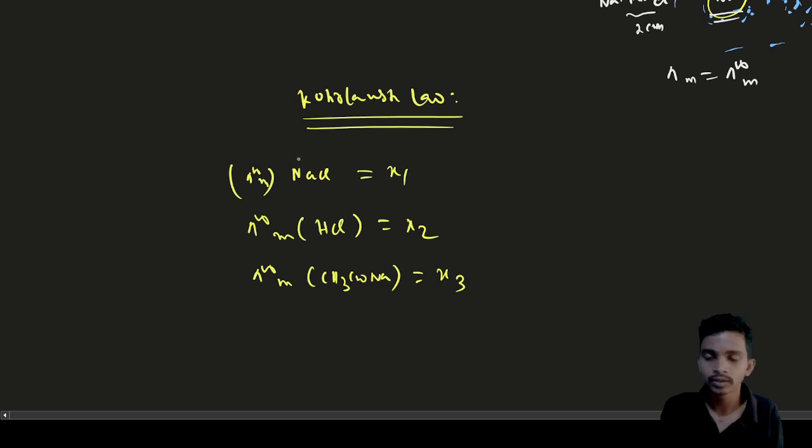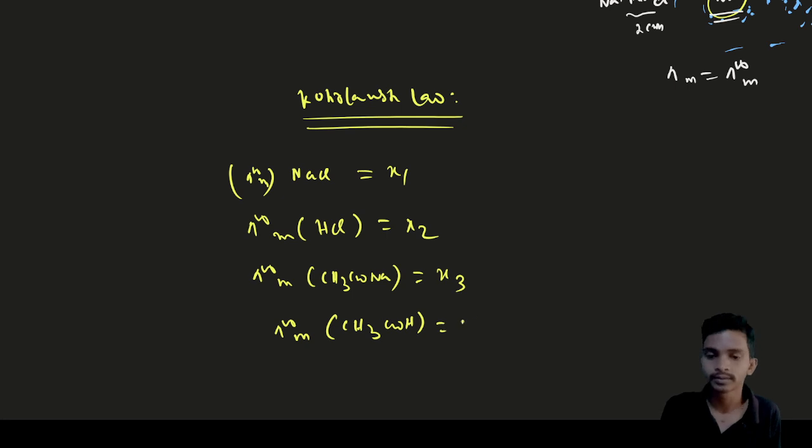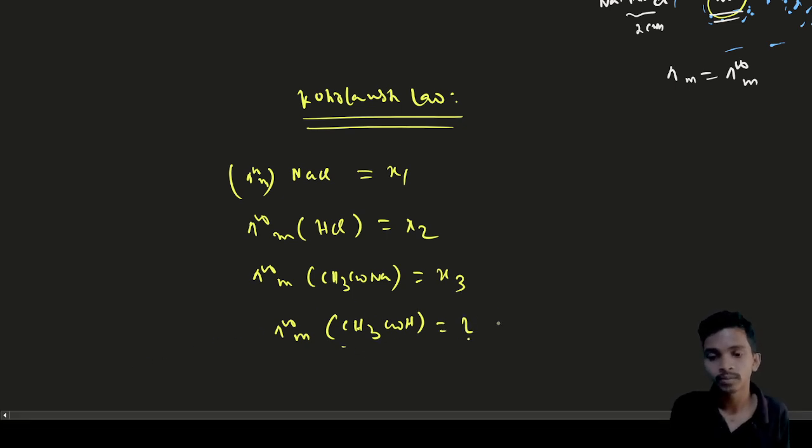Then using these values, can we find the molar infinity value of CH3COOH, a weak electrolyte? By graphs we can't find the molar infinity values of weak electrolytes, but these values we can find.